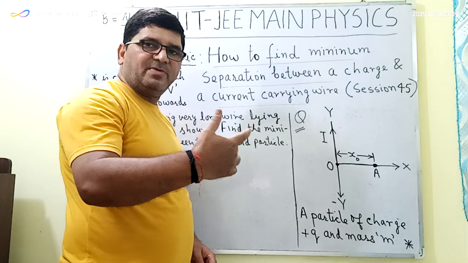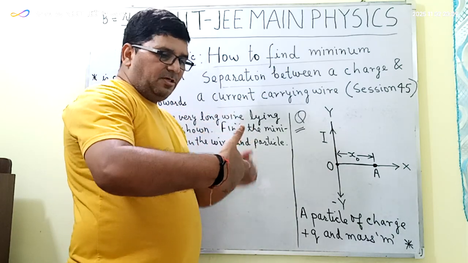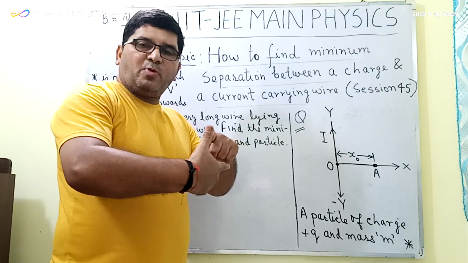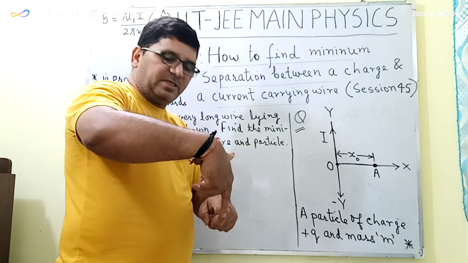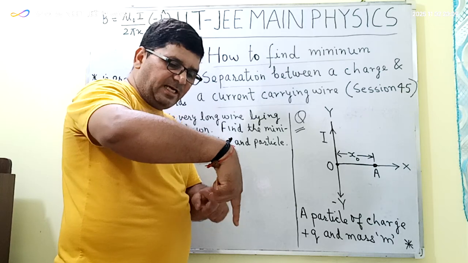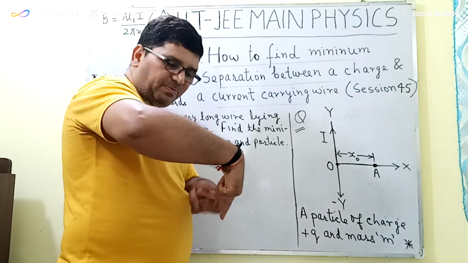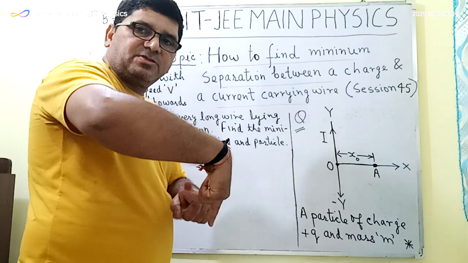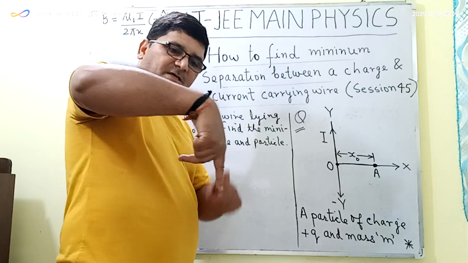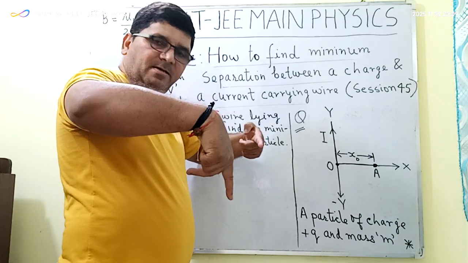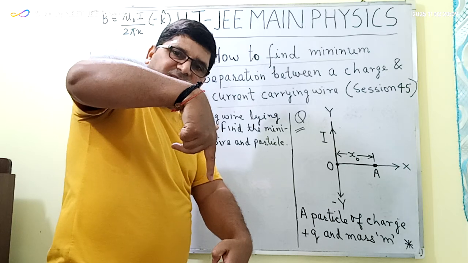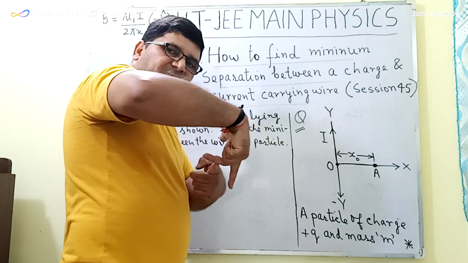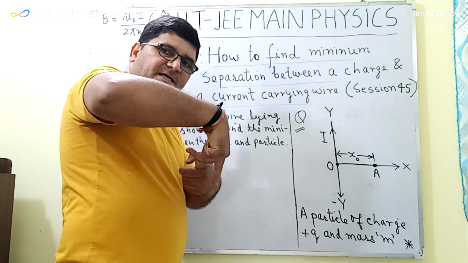In the case of Fleming's right hand rule, the thumb will be pointing towards the direction of motion, the forefinger will be pointing towards the direction of the magnetic field, and the middle finger will give you the direction of the magnetic force. Like this. This is the direction of the charged particle, this is the direction of the magnetic field towards the negative z axis, so this middle finger is now pointing towards the negative y axis.